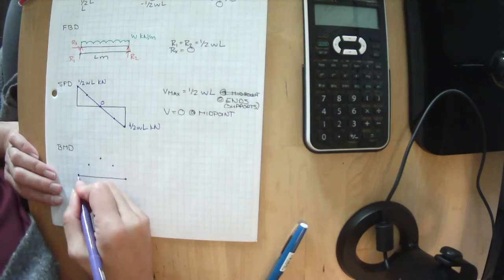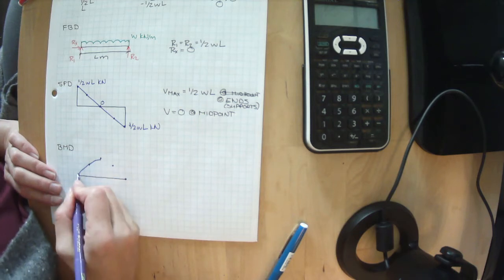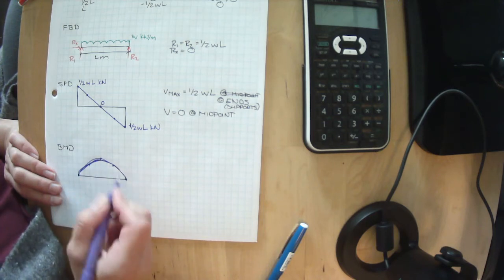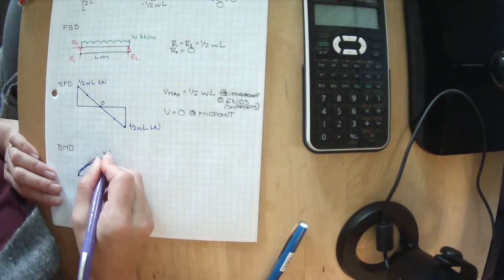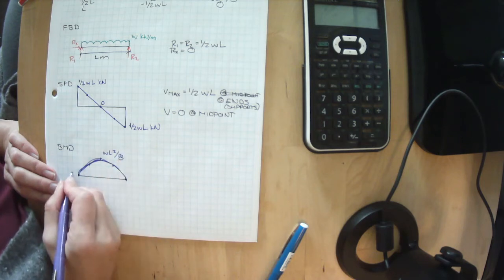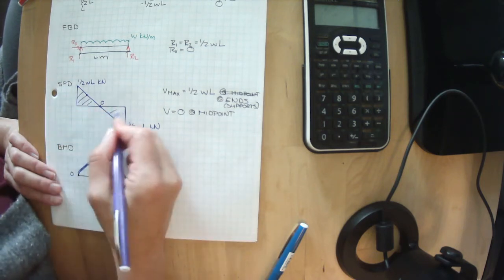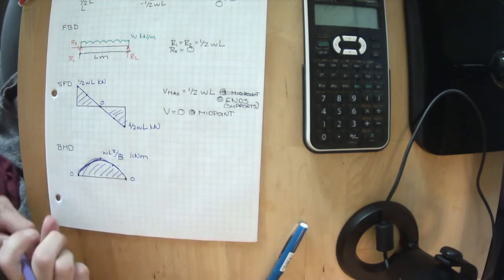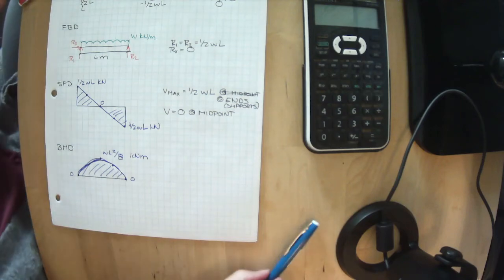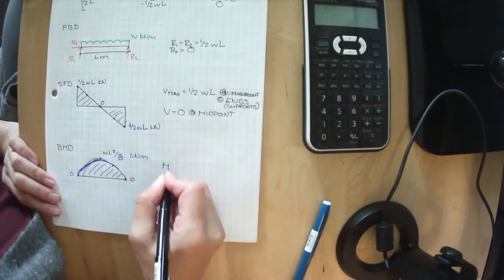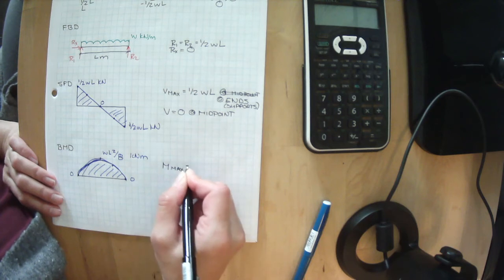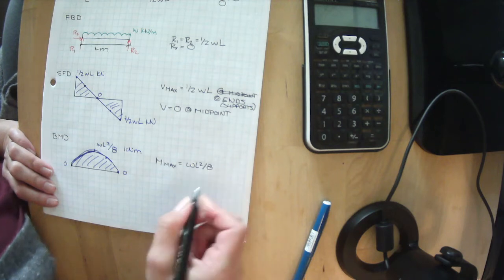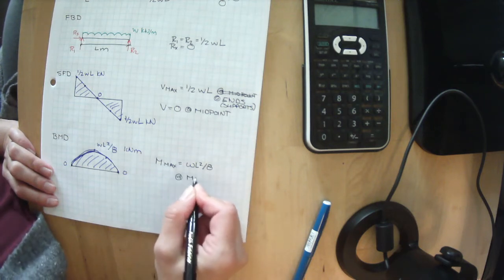I haven't drawn it very well, but it would be the equation of a quadratic, and this is WL squared divided by 8, and it's 0 and 0 here. And we're in kilonewton meters. So our M max equals WL squared divided by 8, and that is at the midpoint.